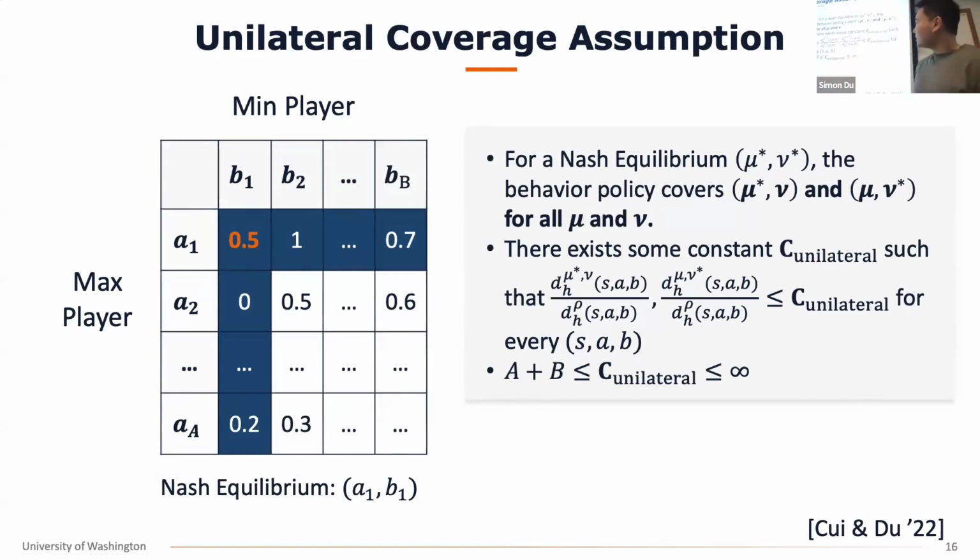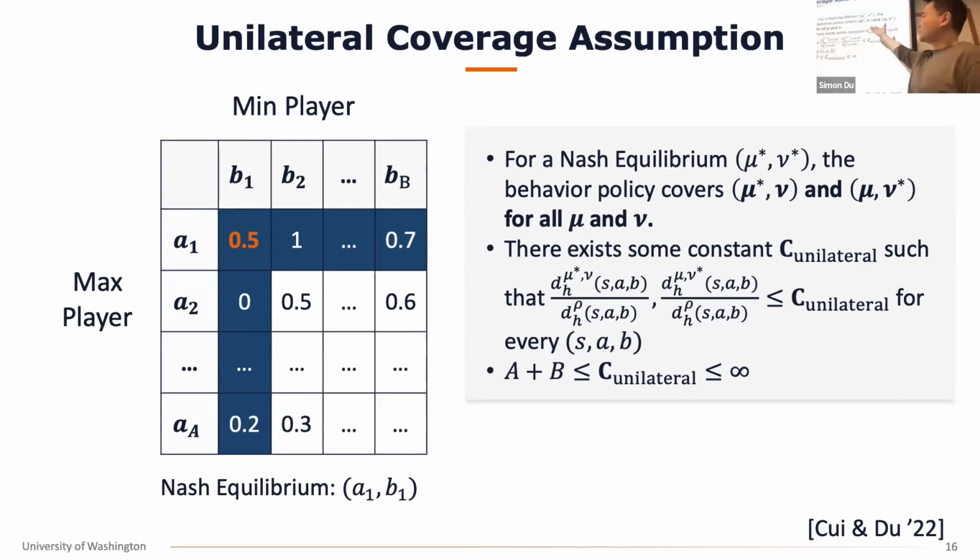There's a formal definition: given, let's say, one Nash equilibrium μ star, ν star, this assumption requires that the behavior policy or the data set not only covers μ star, ν star, it also covers μ star, ν and μ, ν star, for all μ and ν. So basically this is the best response. You can also call it best response coverage.